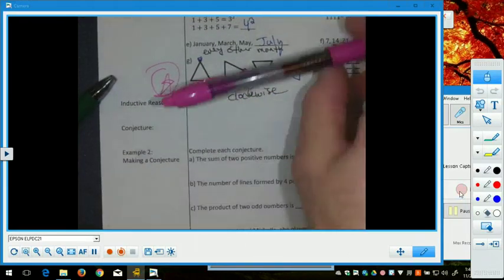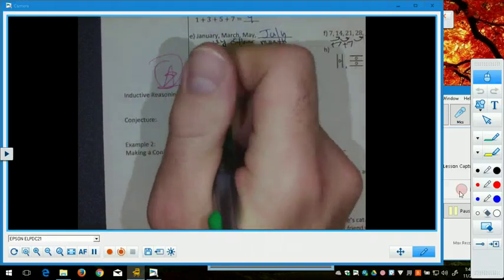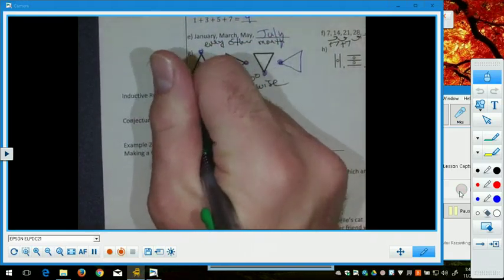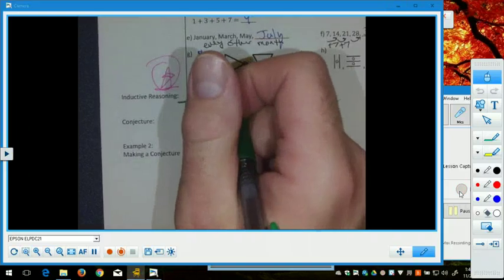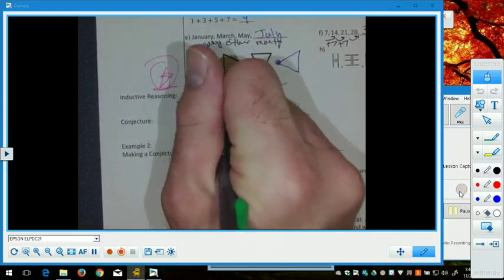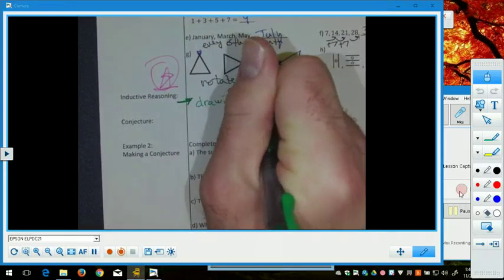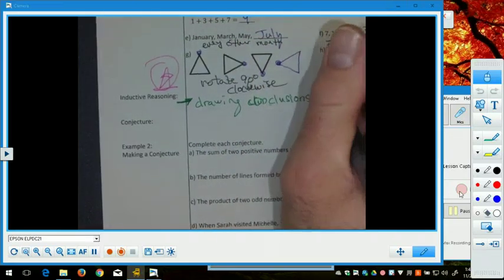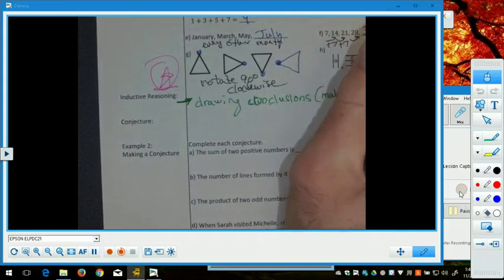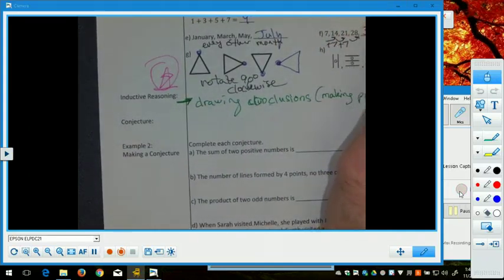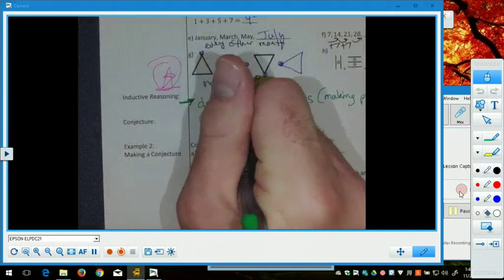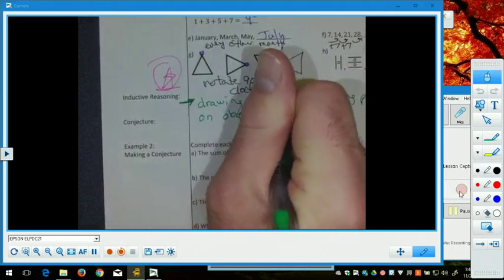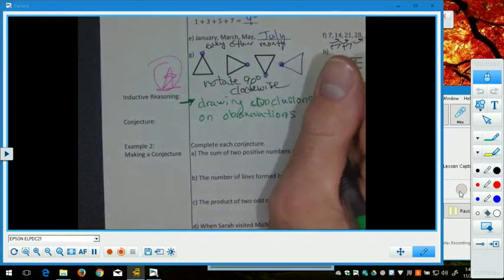Inductive reasoning is where we are predicting or drawing conclusions or making predictions based on observations, usually of patterns.